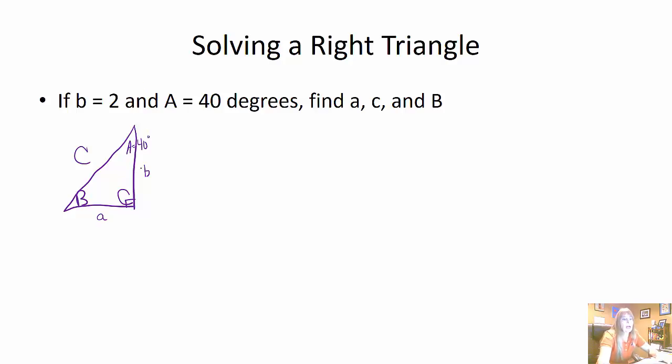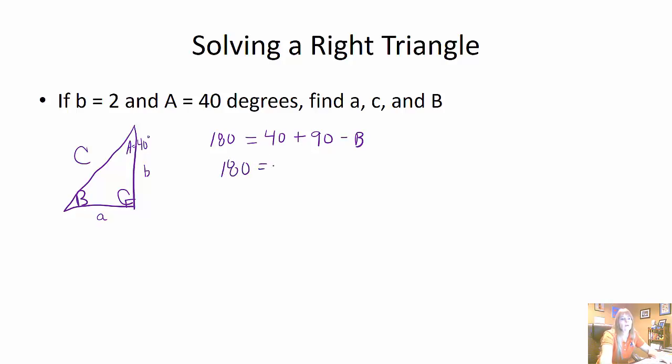So from here, I know that A is 40, and I know that C is 90. Well, B has to be whatever would cause the sum to be 180 degrees, because triangles have to add to 180 degrees.